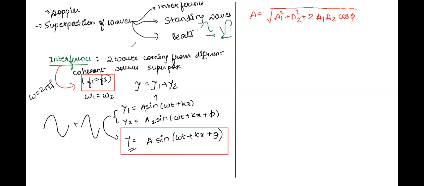And you have tan theta is equal to a2 sin phi whole by a1 plus a2 cos phi. So this is just like vector addition. I hope you all remember when we did vector additions, we did similar kind of calculations, right? Mahila, can you recall that?